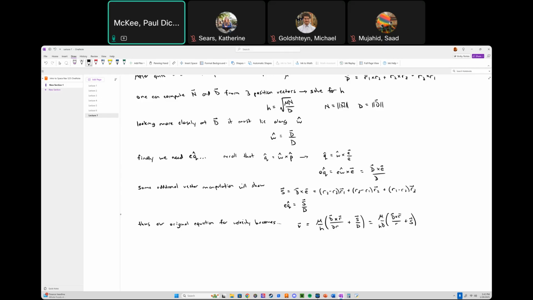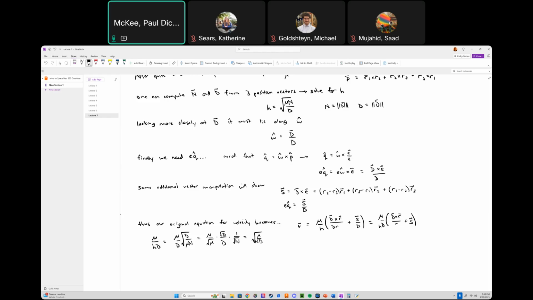All right, we can even take it a little bit further. So I'll say mu over hD is the same thing as mu over D square root of D over mu N, which is mu over square root mu dotted with square root D over D dotted with 1 over square root N, which works out to be the square root of mu over N D. So again, we're using a little trick here to not bother computing h.